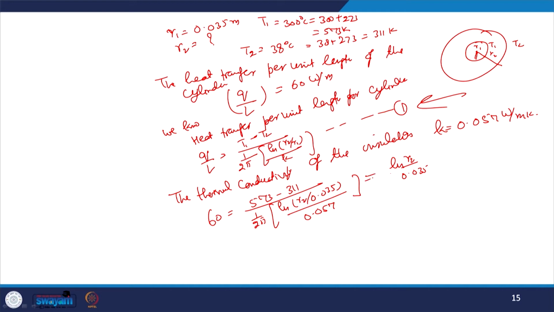So ln R2 over 0.035 is equal to 262 upon 60 into 2.793, and R2 over 0.035 is equal to e to the power 1.5634, and R2 comes out to be 0.161713.